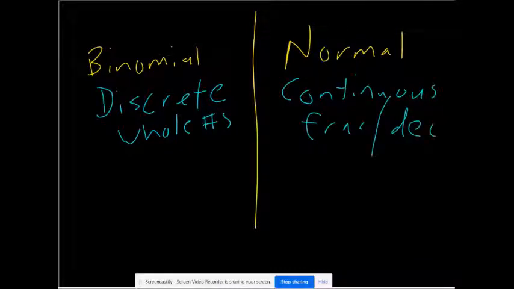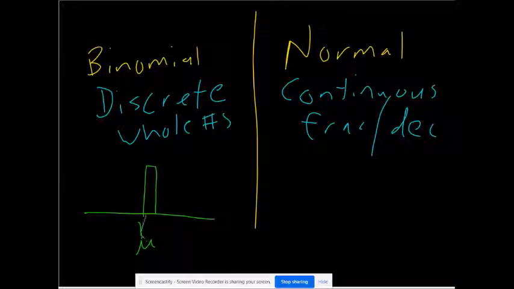If you were to graph out a binomial distribution, it would look like a bar graph or a histogram where the biggest value is your mu, your average. And then all of the other values kind of decrease from there.